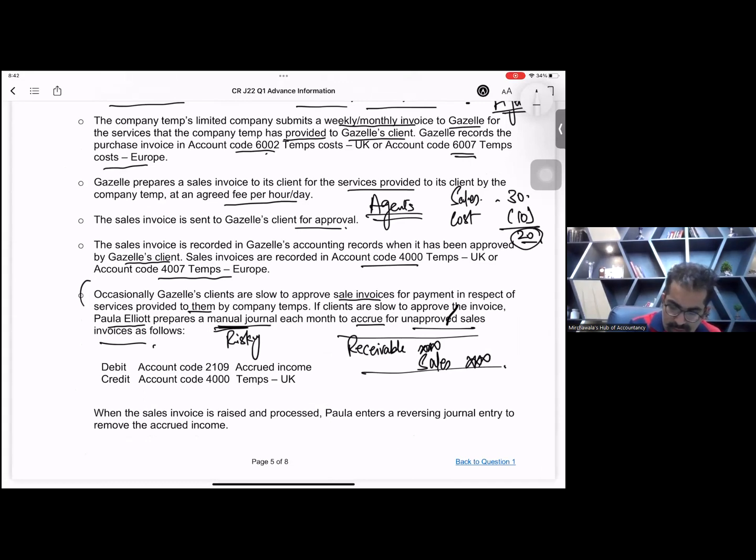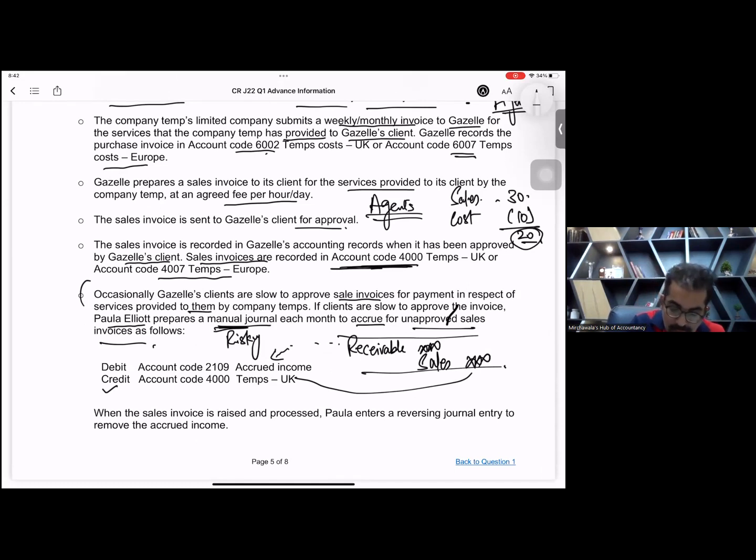See, you can see the entry. Account code 4000 is for sales. See the screen, account code 4000. So they have credited the sales, just like I did, and they have debited the receivables. Accrued income is your receivable.